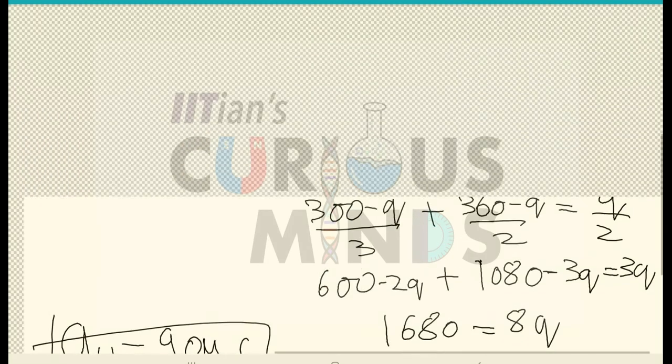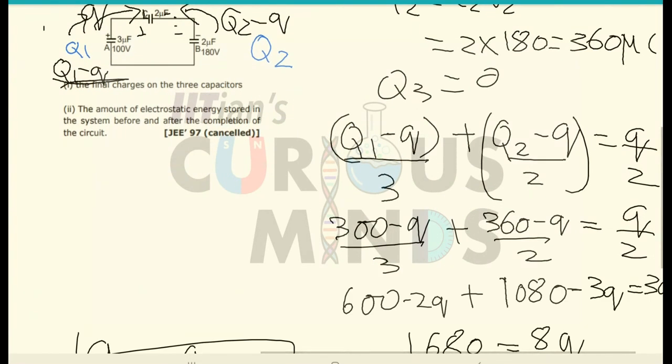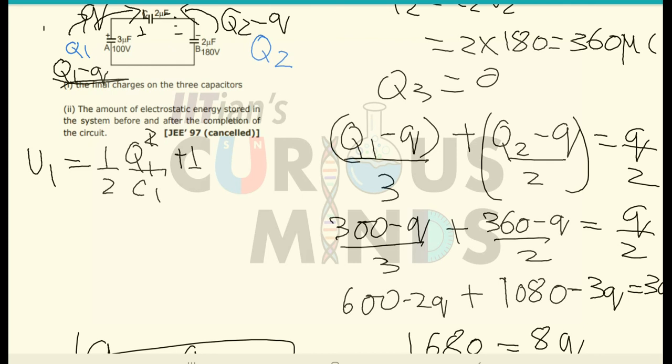Now we have to find out the amount of electrostatic energy stored in the system before and after the completion of the circuit. Before the completion of the circuit, U1 will be equal to half Q1 square divided by C1 plus half Q2 square divided by C2 plus half Q3 square divided by C3, which will be equal to 0 because there was no charge on the third capacitor. So I can take half common.